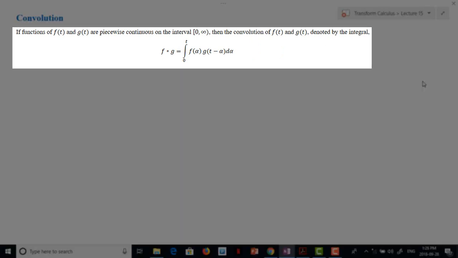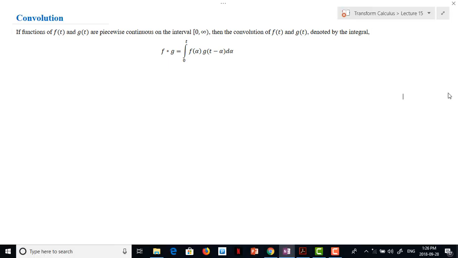If functions f(t) and g(t) are piecewise continuous on the interval 0 to infinity, then the convolution of f(t) and g(t) is the integral of f(alpha) g(t minus alpha) d alpha, where the integral is from 0 to t.